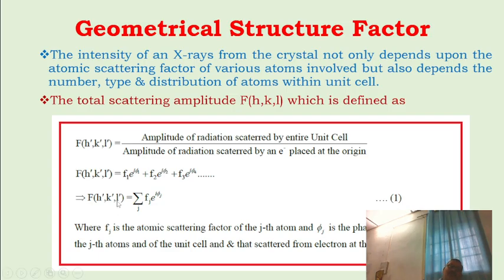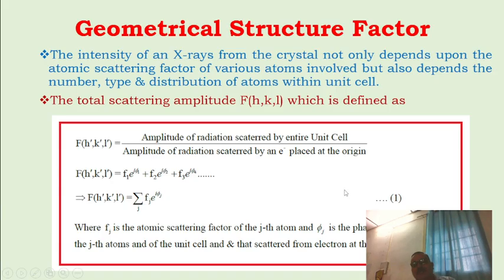So mathematically, I can say that the total scattering amplitude is defined as the ratio of the amplitude of radiation scattered by the entire unit cell to the amplitude of radiation scattered by an electron placed at the origin.